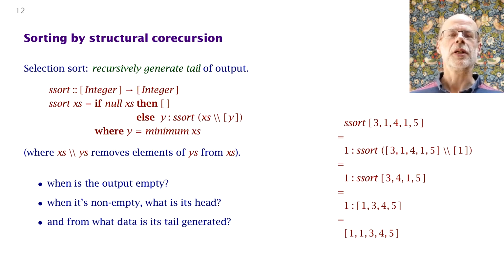From what data is that recursive call made? What is the seed from which we grow the tail of the sorted result? Well, that's the input data less the minimum element that you used for the head. So this is no more difficult, no more mysterious than insertion sort, as long as you realise that you can use the structure of the output data, another list, to determine the structure of your program.